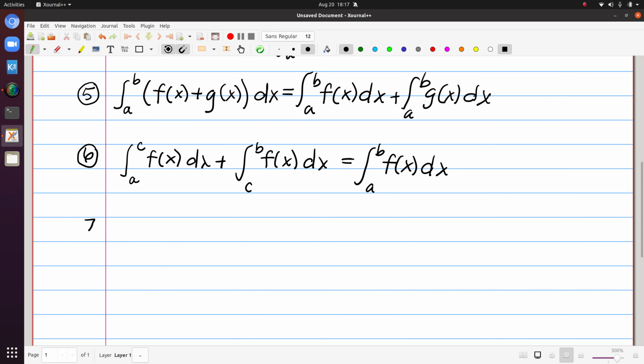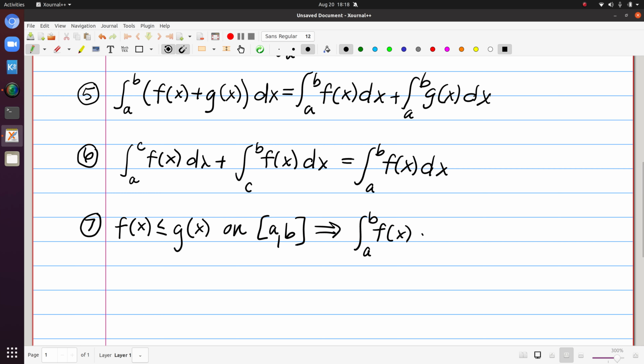And then finally, the last property I want to look at: if we know that f of x is always less than or equal to g of x on our interval of interest, this is going to lead to the integral of f, the smaller function on that interval, being less than or equal to the integral of the function g.